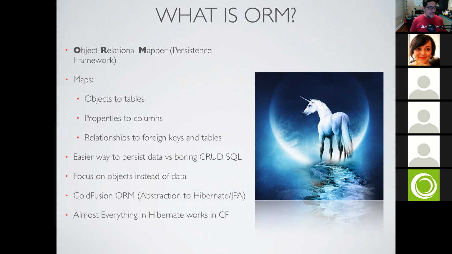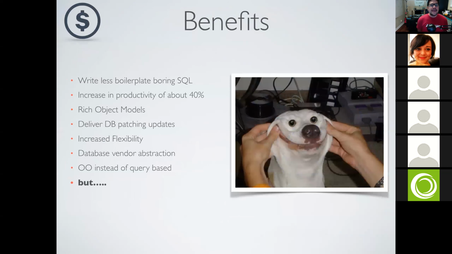If you're in Adobe 2018, you're going to be working with Hibernate 5. And if you're on Lucee, unfortunately, you're going to be working with Hibernate 3. So someday, if they care, they will upgrade to Hibernate 5, but don't hold your breath on that one. I have been holding my breath for almost 2 years.